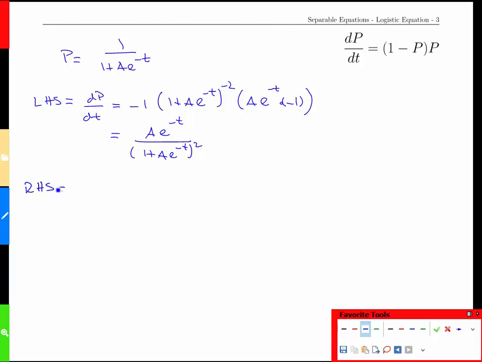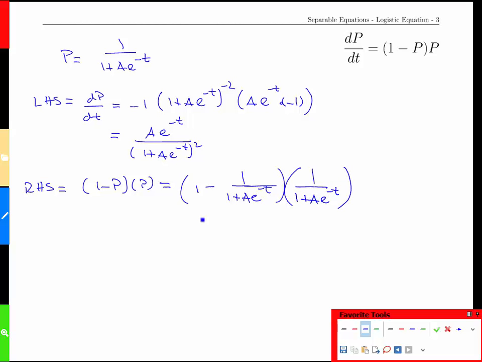Compare that with the right-hand side, which is simply our function times 1 minus itself. And that we can work through. It's going to be a little bit involved just to get the right form for it. But there's our 1 minus p and our p.